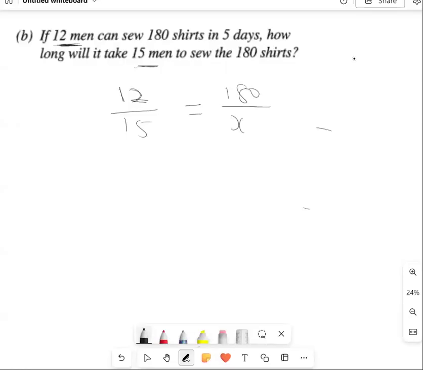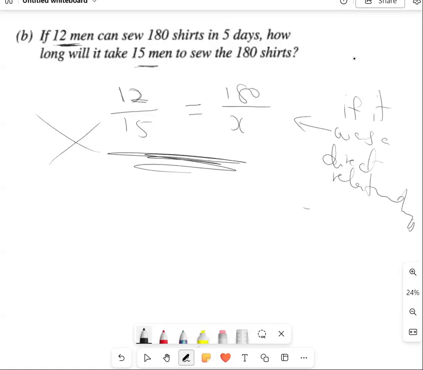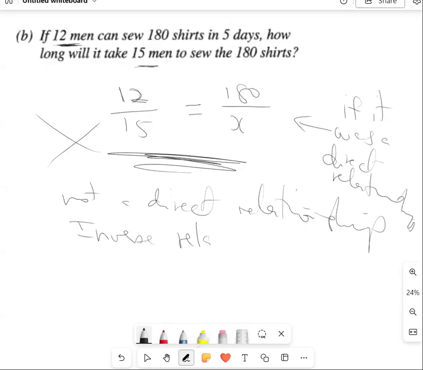However, the situation we're dealing with is an indirect or inverse relationship.